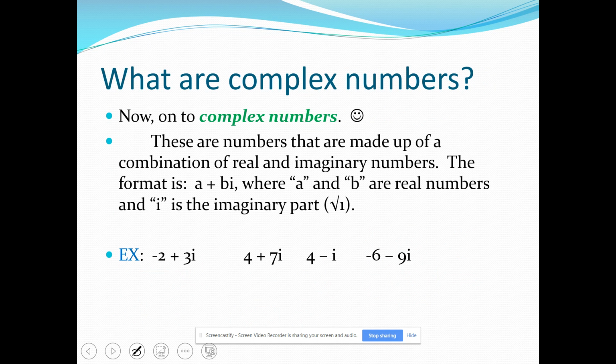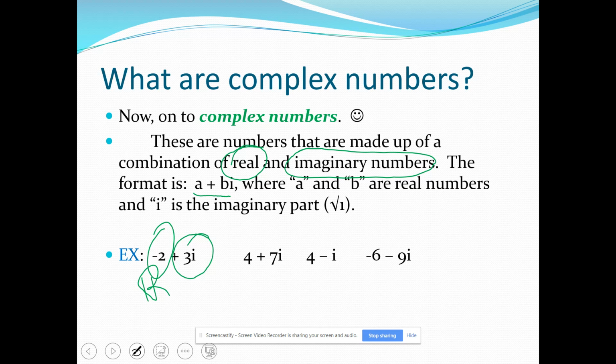So now on to complex numbers. Complex numbers have a real part that I can graph, I can manipulate actual numbers, and then an imaginary part. The format is a plus bi. The a, like this -2, is the real number.